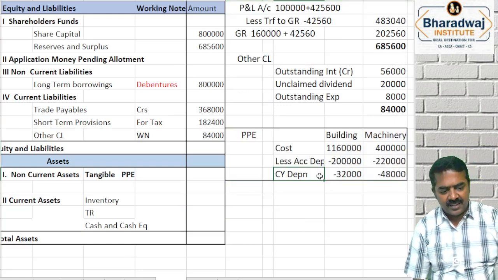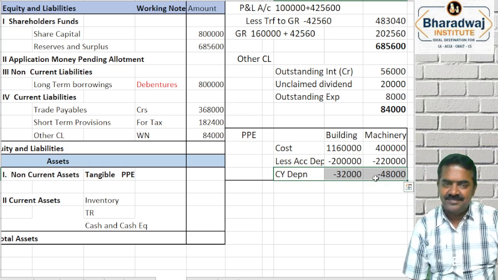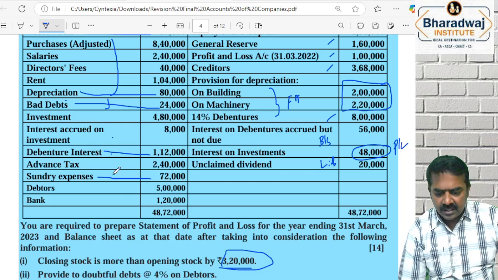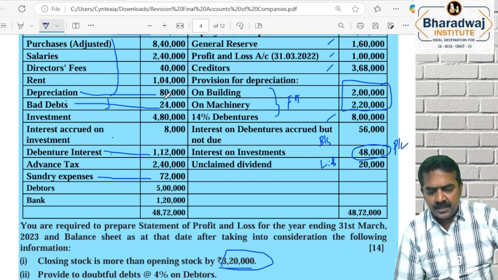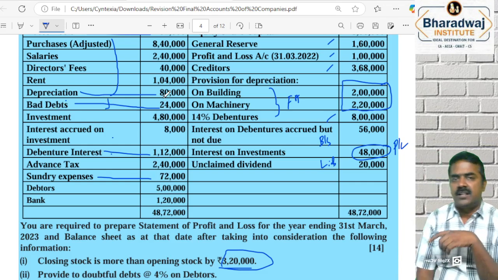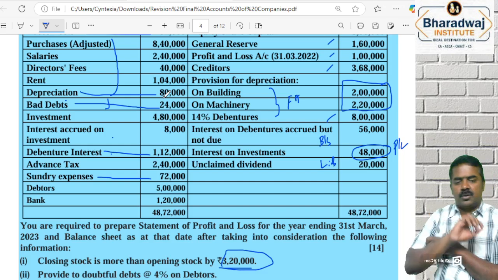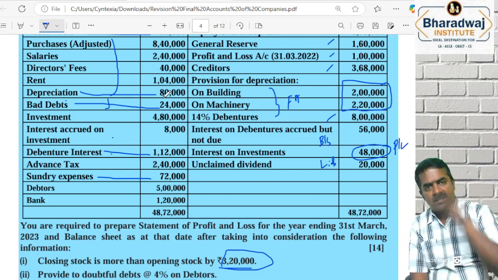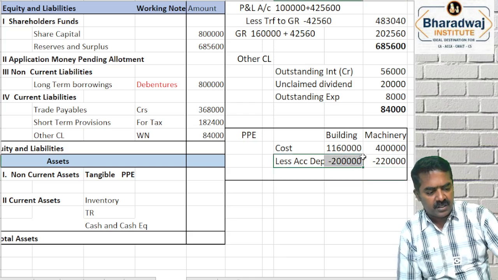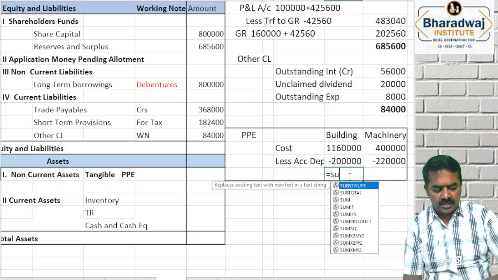Why? Because the depreciation is already adjusted and given in the trial balance. Now they would have passed a journal entry for current year depreciation, depreciation account to provision for depreciation. So this provision for depreciation includes current year depreciation. So no need to adjust.